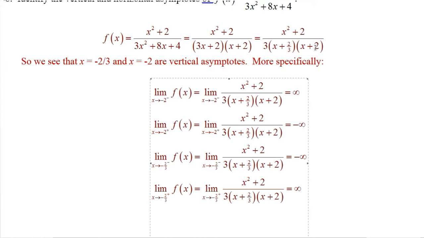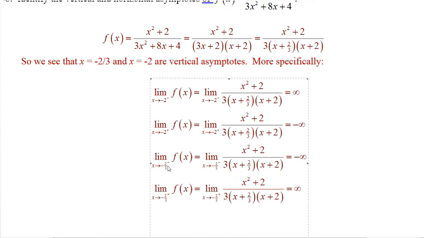When you're near -2/3 and you add 2, that's positive. So everything's positive except for this factor right here maybe. If x is equal to -2/3, of course, that's 0. But if x is a little bit bigger than -2/3, when you add 2/3, you're going to get a positive number. So the whole thing is positive. So the limit as x goes to -2/3 on the right is positive infinity.